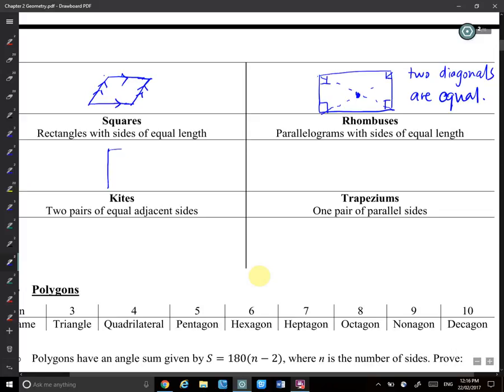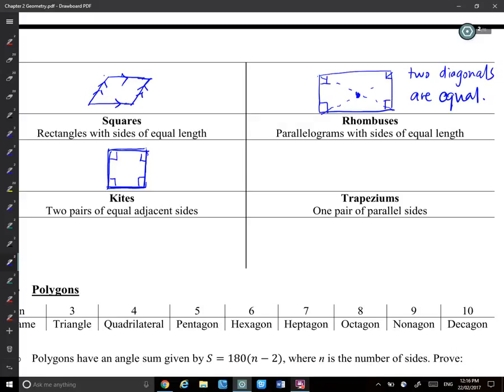Square is a special type of rectangle because it has 4 angles of 90 degrees. And it's also a special type of parallelogram because it's got 2 pairs of parallel lines.